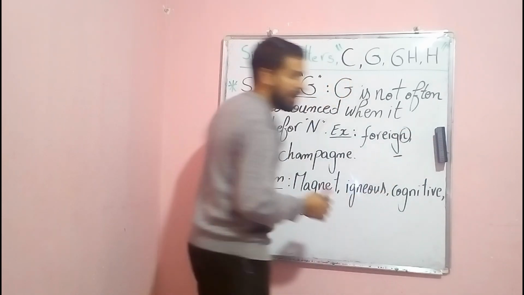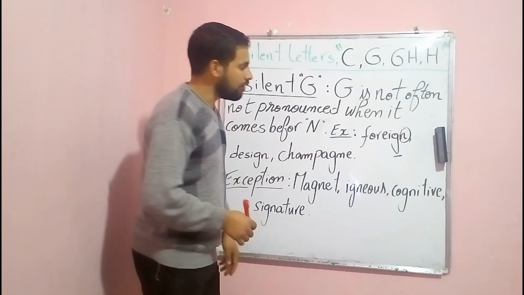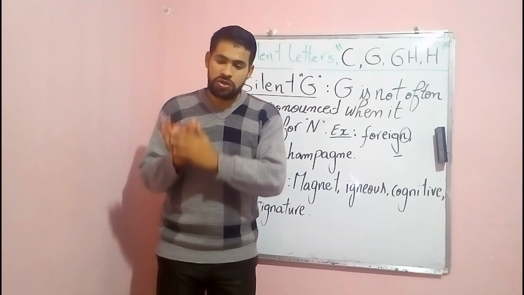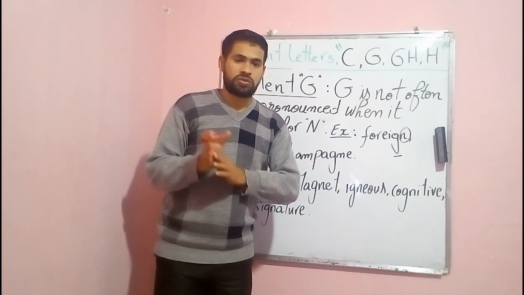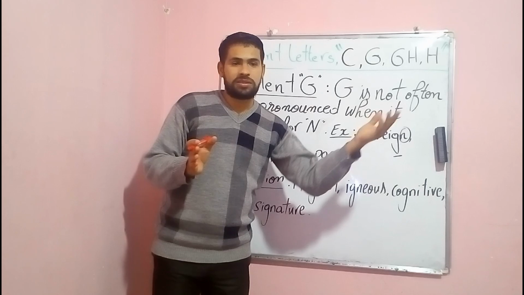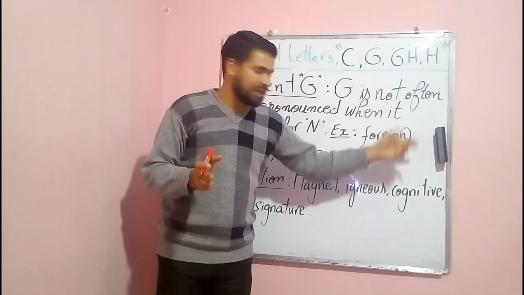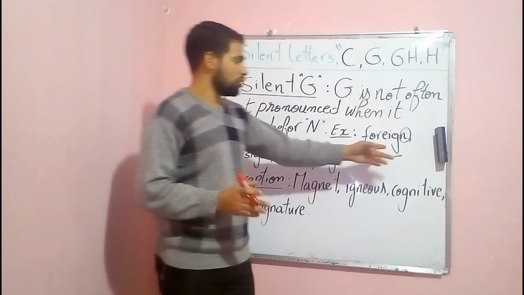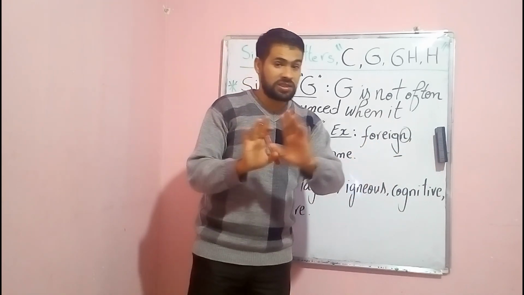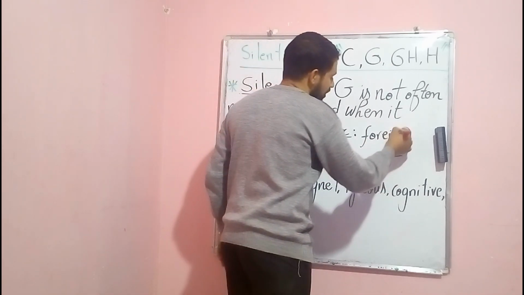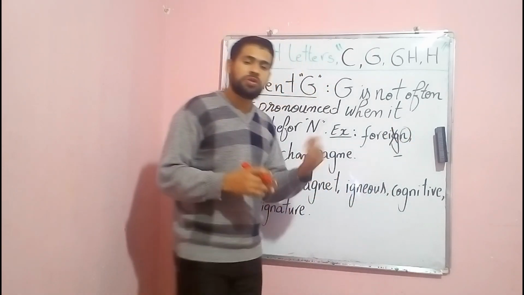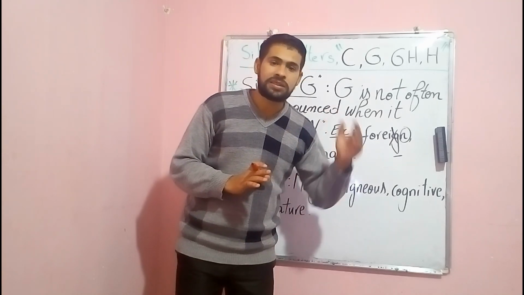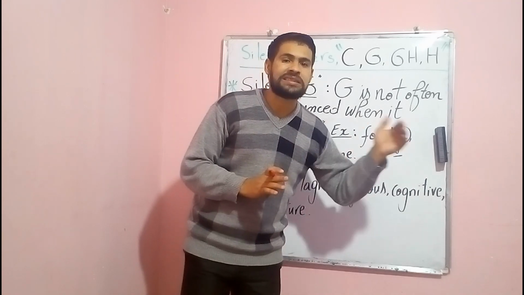We have N. So, as the rule said, when you have a G letter or G sound and there is after it an N sound or N letter, the G sound or the G letter is not pronounced. So in this case we are not going to pronounce it, and when we pronounce the word we say "foren". I'm not going to say "for-g-n", I will say "foren".